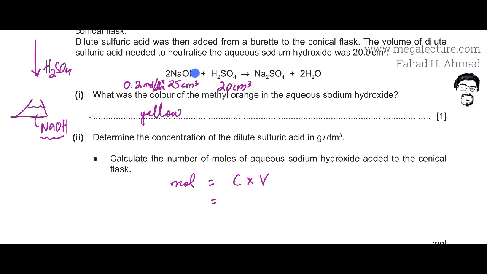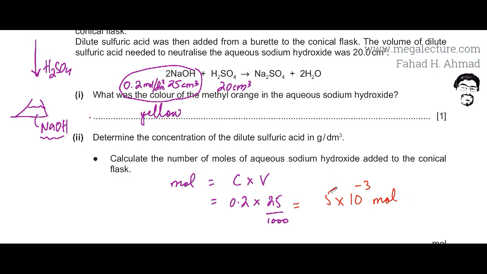So I'm given the volume and the concentration of NaOH. It's going to be 0.2, which is the concentration, multiplied by the volume, which is 25 cm³, but that should be divided by 1000, so that it is in dm³. And the answer is 5 × 10^-3 moles.